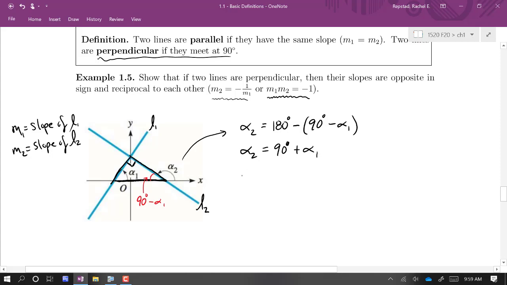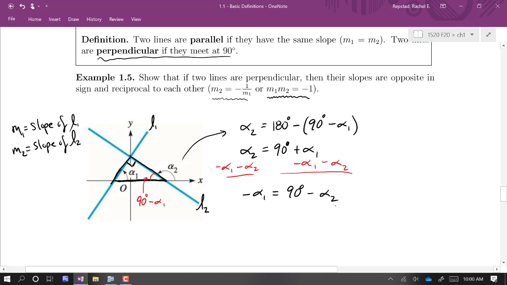Now I'm going to rearrange this in a way that might not seem obvious that we want to do, but what I'm going to do is subtract alpha 1 and subtract alpha 2 from both sides. And that gets us the equation negative alpha 1 is 90 degrees minus alpha 2.